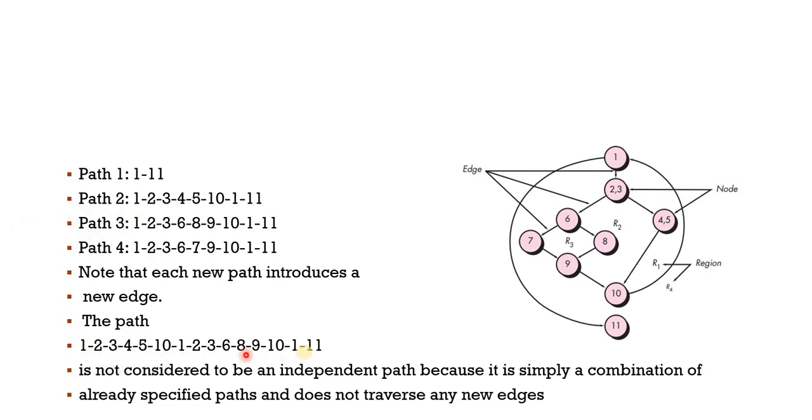For example, this is not an independent path. Why? Because all the nodes here are only repeated. We cannot find a path that has a new edge which was not seen in the previous path. So this is not an example of an independent path. An independent path should have an edge which is not traveled by another path.